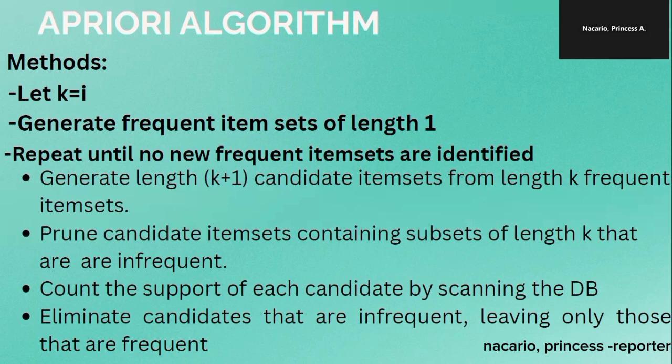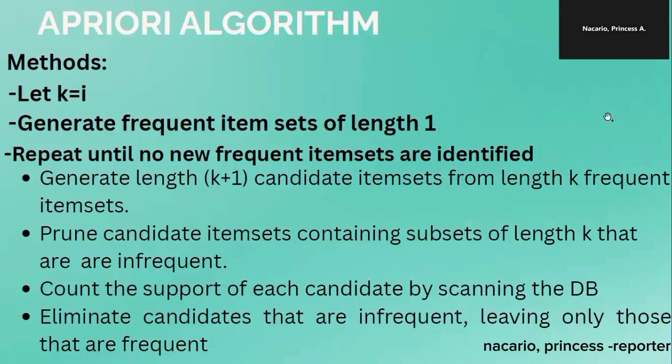In each round, we do the following. First, generate candidate item sets of length k plus 1 based on the previous item sets of length k. Second, prune or remove candidate item sets that have infrequent subsets. This uses the Apriori principle, which states that if a subset is infrequent, then the whole set is also infrequent.